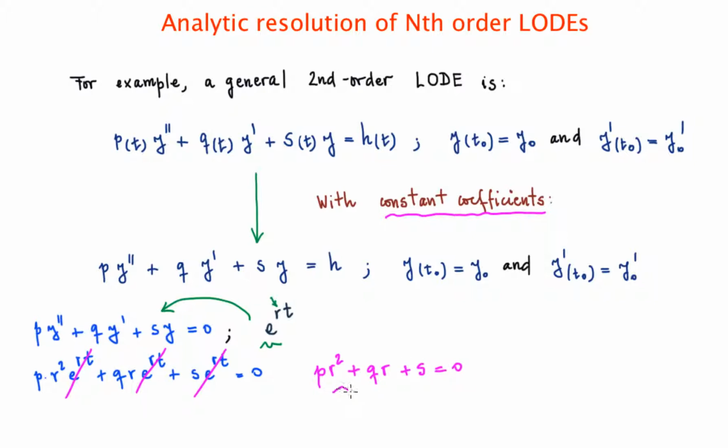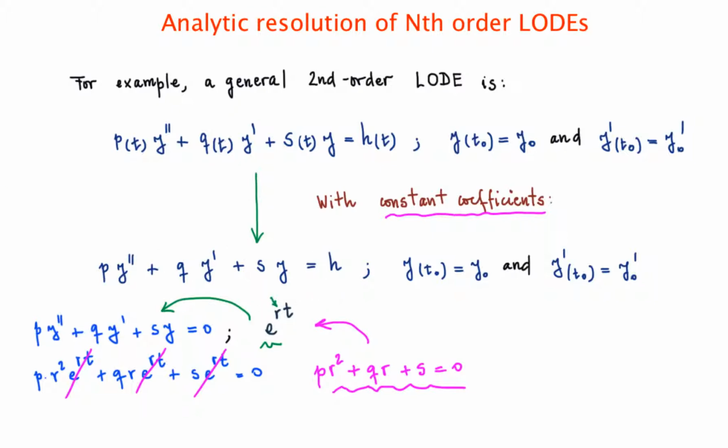This is the equation which is actually called the characteristic equation that we need to solve. The second order equation is to be solved in order to determine the r constant that's going to specify the solution for the homogeneous case.